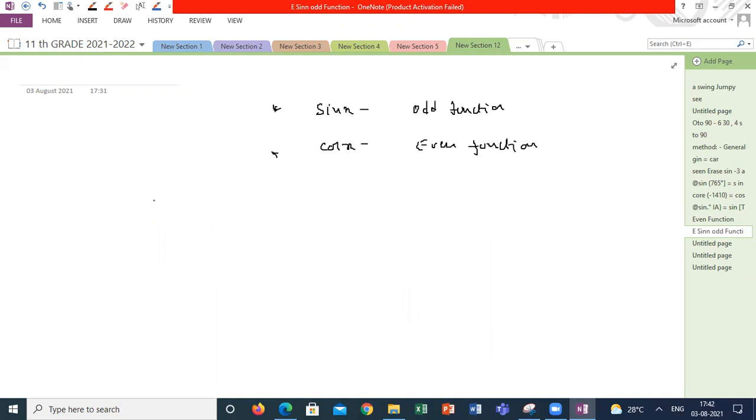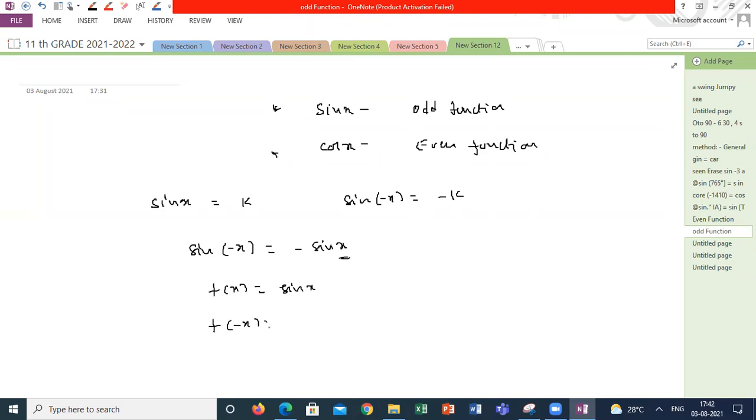If sin x is equal to some value k, sin of minus x is equal to minus k. That means sin of minus x will be equal to minus sin x. So if f of x is equal to sin x, f of minus x becomes minus f of x, that is minus sin x. That's the reason sin x is called an odd function.